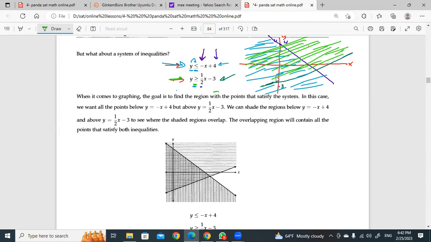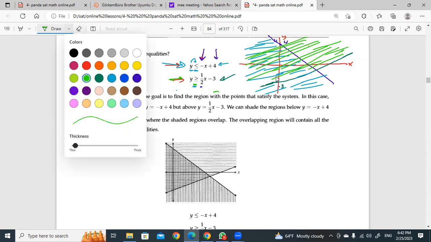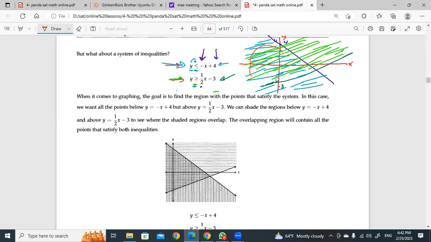Okay, to find the solution here, it will be the mix between the blue and the green, which means this region. Look at this region, which contains the blue area and also contains the green area.